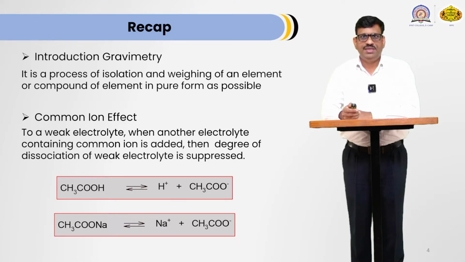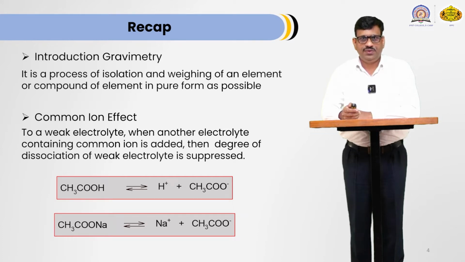Common ion effect means when to a weak electrolyte, another electrolyte containing a common ion is added, then the degree of dissociation of that electrolyte is suppressed, and that is the common ion effect. For example, acetic acid is a weak electrolyte, it dissociates as H plus and acetate minus, that is CH3COO minus.